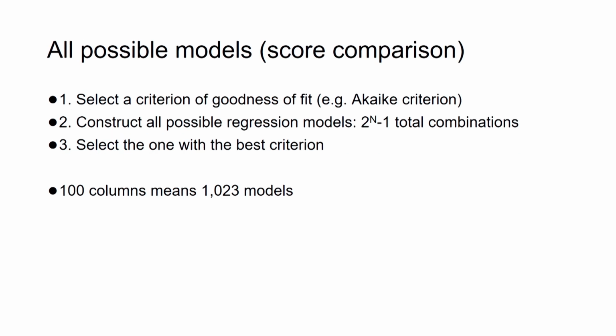The next method of building a model is all possible models, or score comparison. What we do here is select a criterion of goodness of fit, that is the Akaike criterion. We will see what this Akaike criterion is. In this method, we construct all possible regression models.